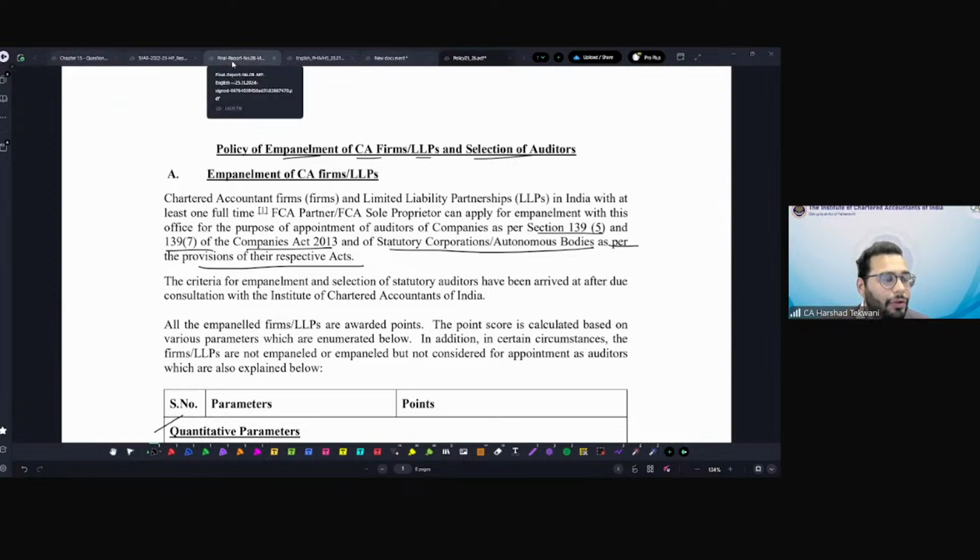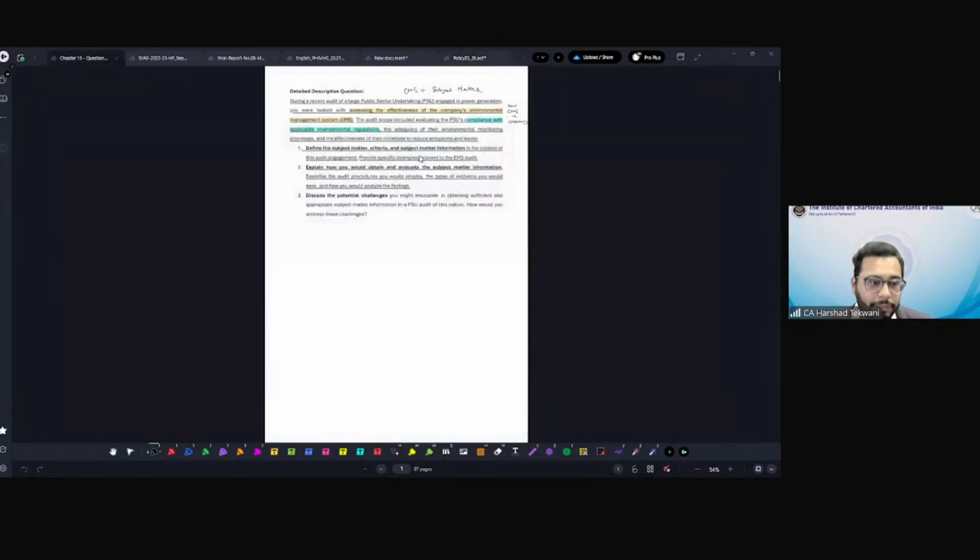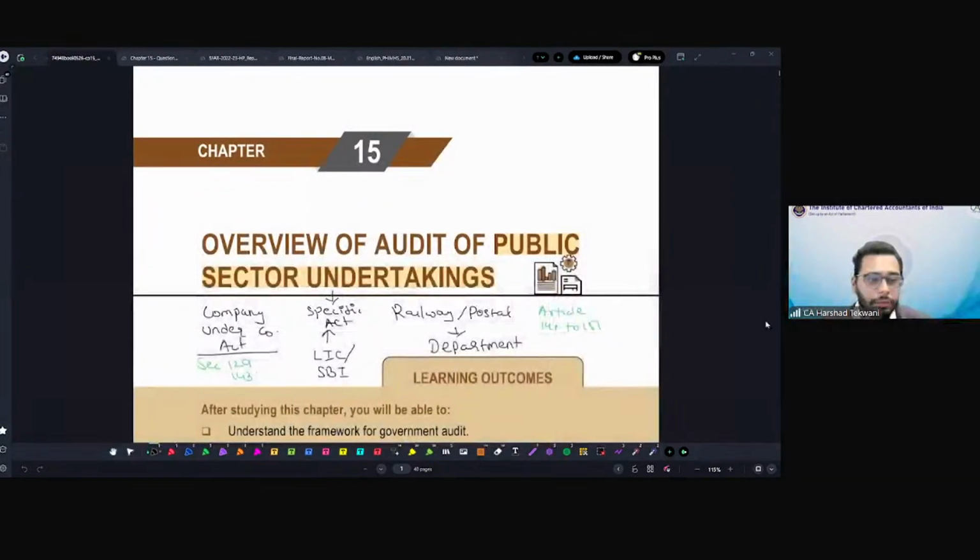Now, let's go back to the study material. So, this is how the appointment on the ground actually happens for the government companies. Now, what happens after the appointment? Or what is the role of C&AG? We need to understand that, okay, when it comes to the audit, appointment is one part, perfectly fine, no issues.